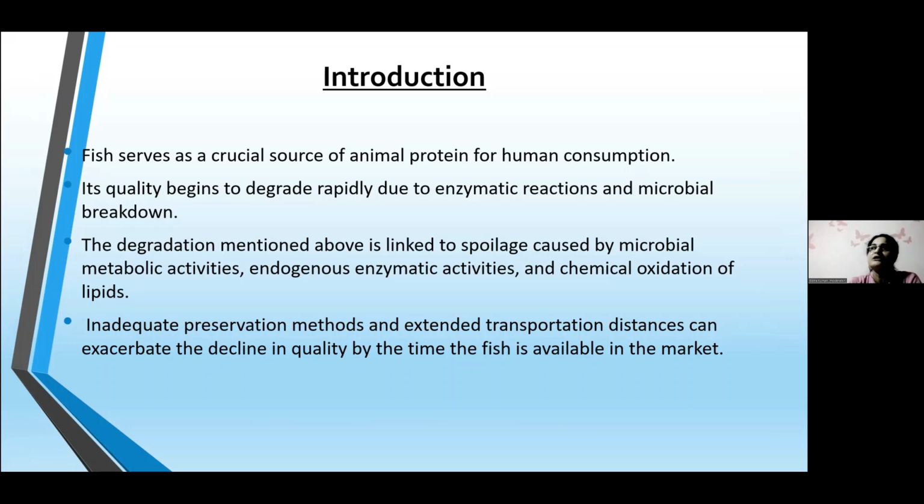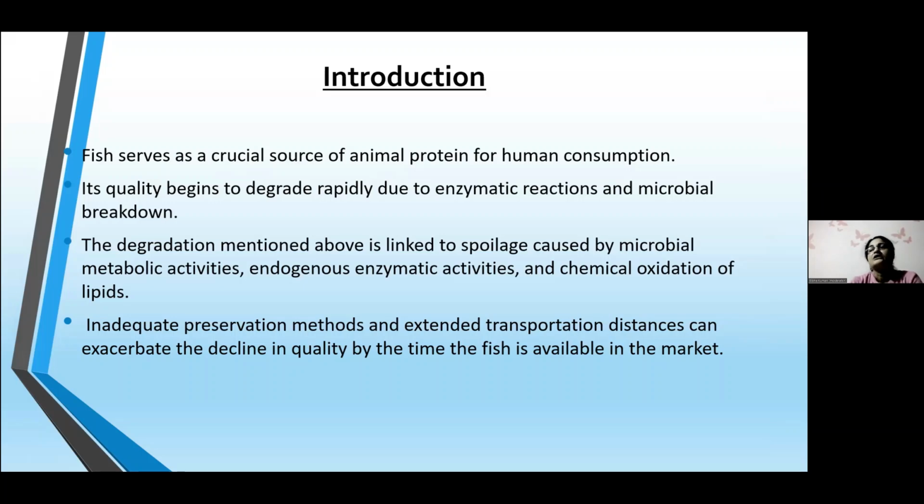And some people eat fish due to the presence of good lipids, and some to take proteins also. So their nutrient quality is very high, and it is very easily available in every book or on the site also.